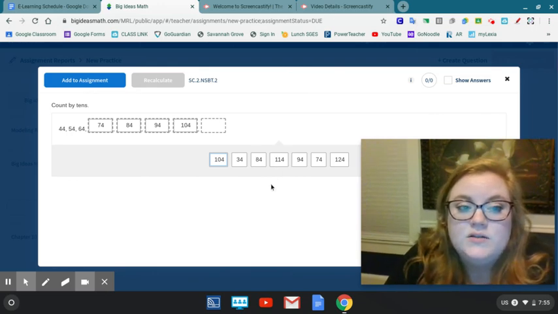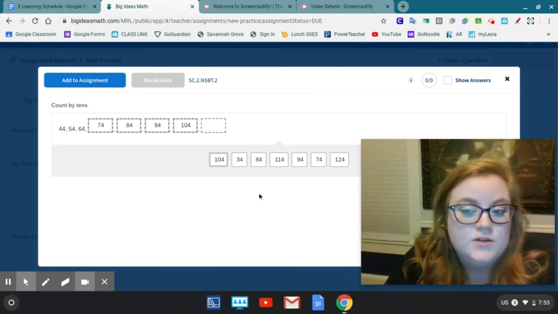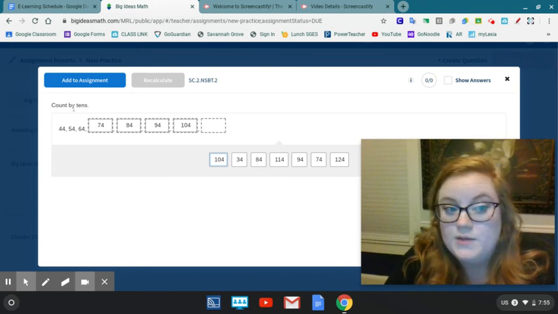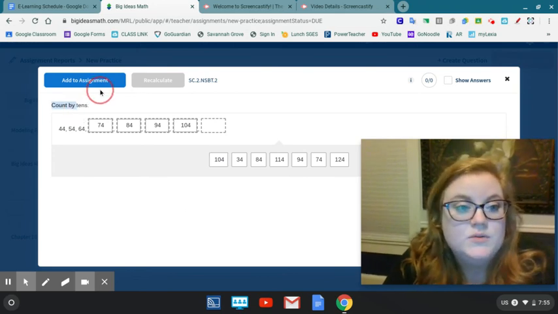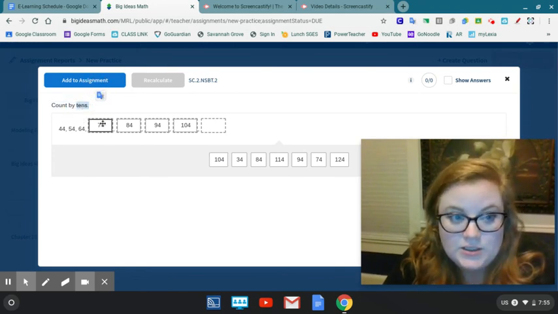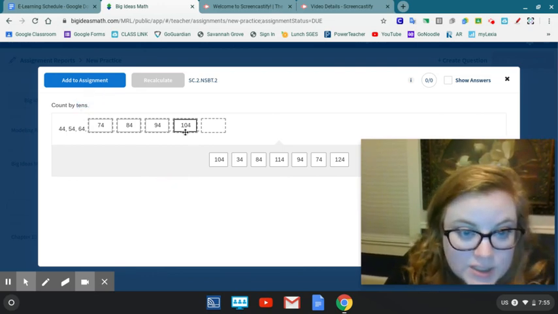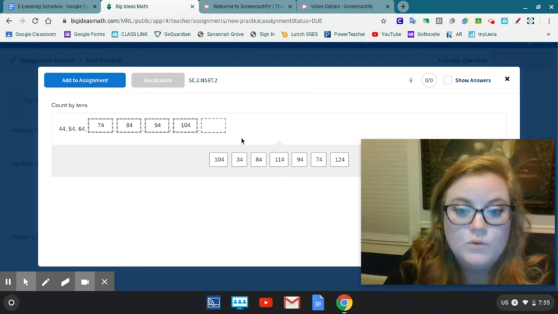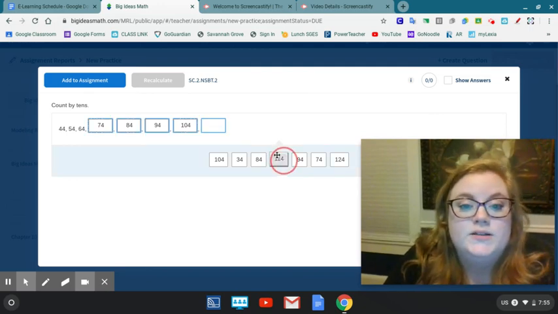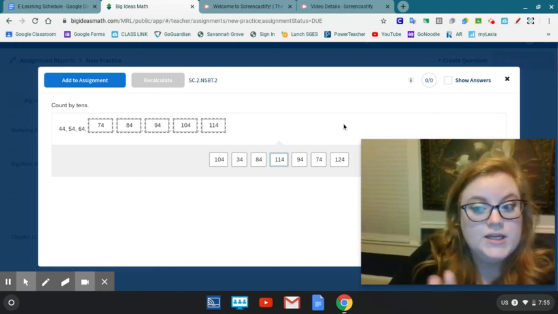But we still are not changing anything in the hundreds place or the 1's place because we're not counting by hundreds, we're not counting by 1's, we're counting by 10's like you see right here. So the 10's place is going to change. That means that 0 in 104 is going to go up 1, and it's going to be 114 after that. So let's check it and make sure.